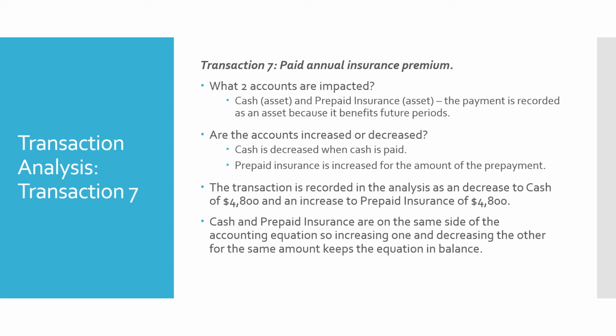We're paying out cash, so cash is going to decrease. We are acquiring an insurance policy, which is an asset, so we are going to increase prepaid insurance. So the transaction is for $4,800. So we're going to decrease cash, one asset, by $4,800 and increase another asset, prepaid insurance, by the same $4,800.